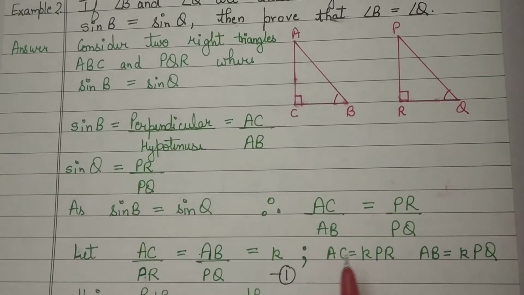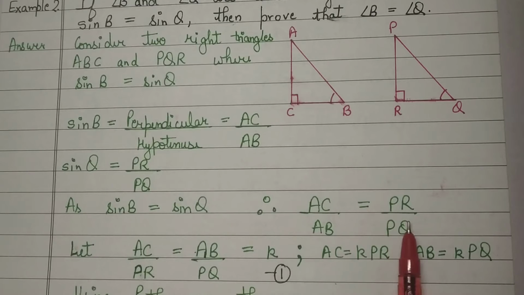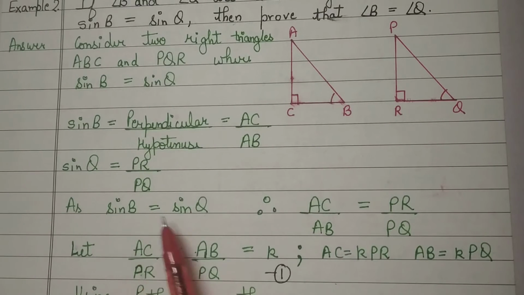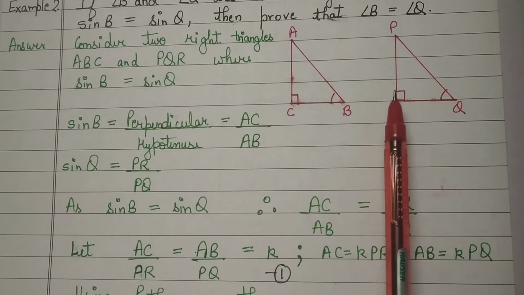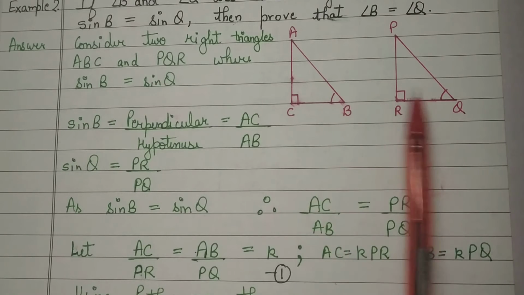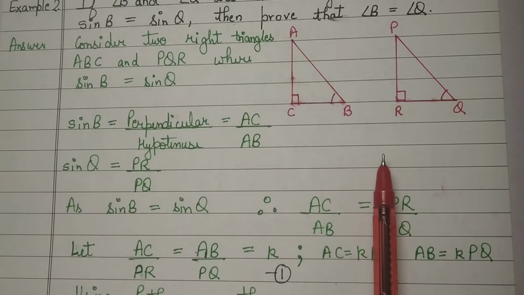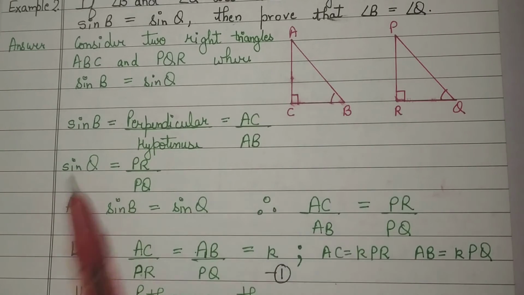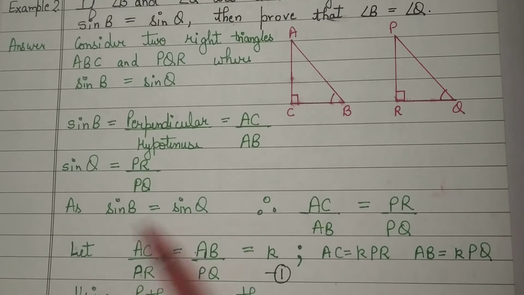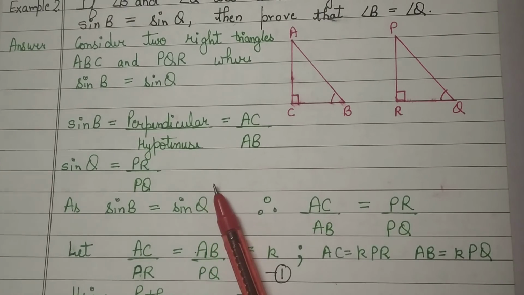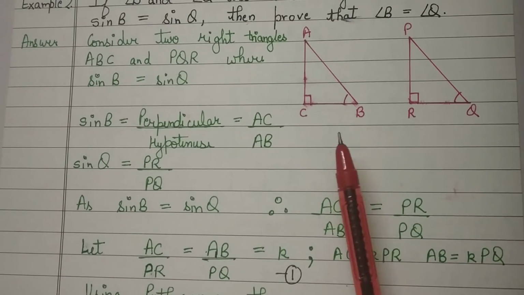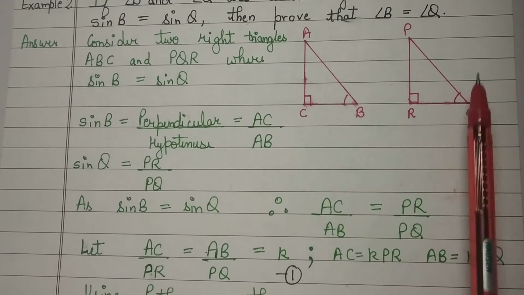Now I know the two ratios are equal because it is given in the question that sine B is equal to sine Q. Now from this hint I know that if I prove all the three sides have equal ratios in these two triangles, I will be able to prove them as similar triangles. And if triangles are similar, angles are always equal. So taking that concept in mind, we will start to find the other side of this triangle and that triangle.